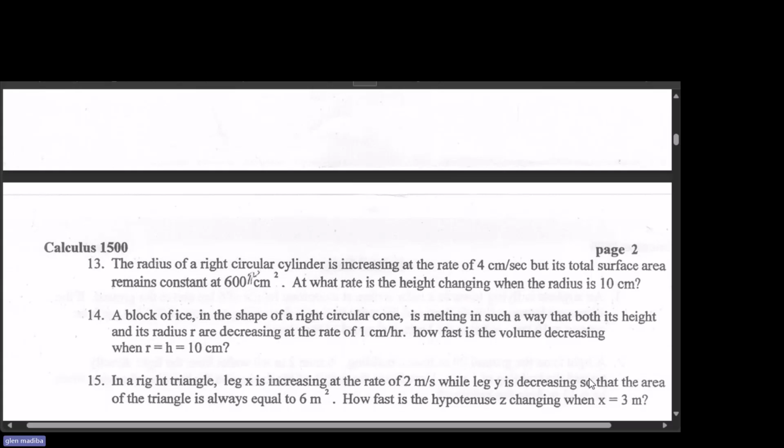Area 6 equals half times x, which is 3. They gave us that x is 3. Then from there, we get y. Do we agree?